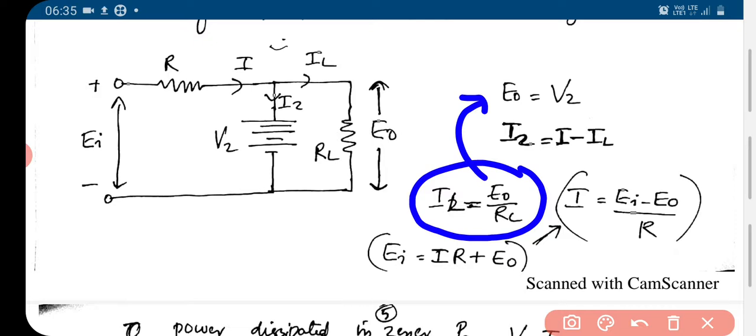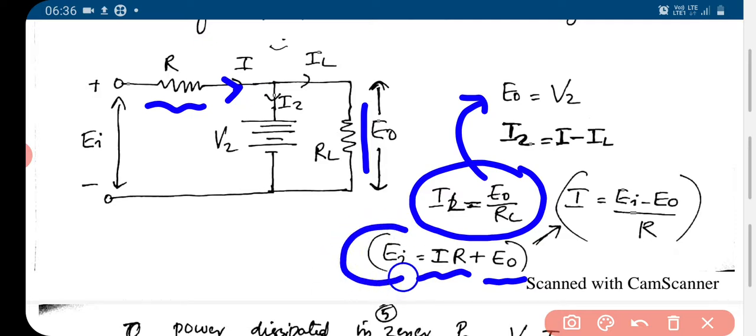The voltage drop across the resistance R is given by I into R, where I is the current passing through it. When you add this to E0, which is Vz, the voltage across RL, you get the input voltage EI.